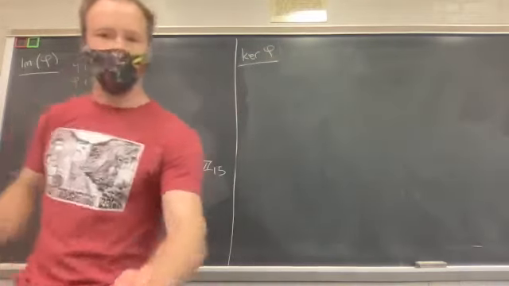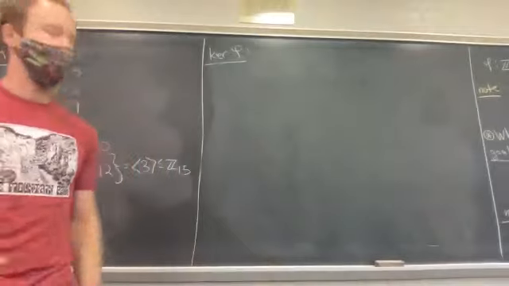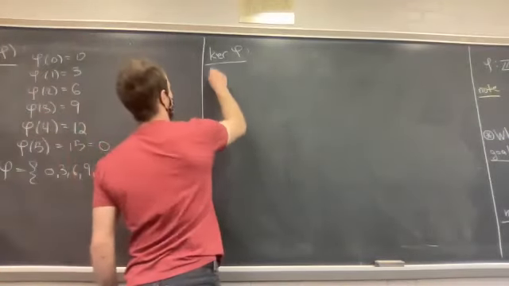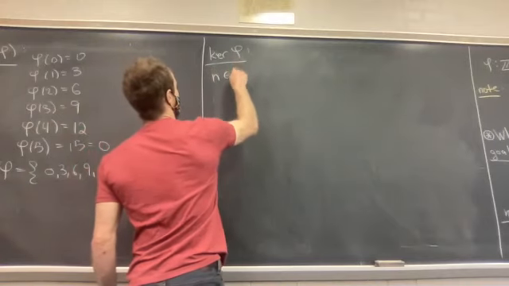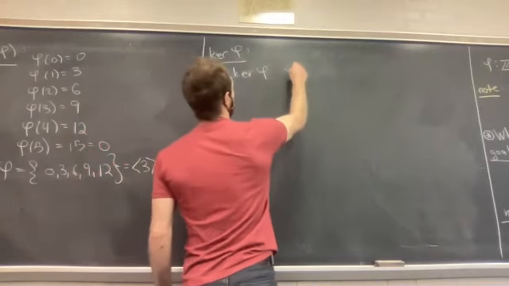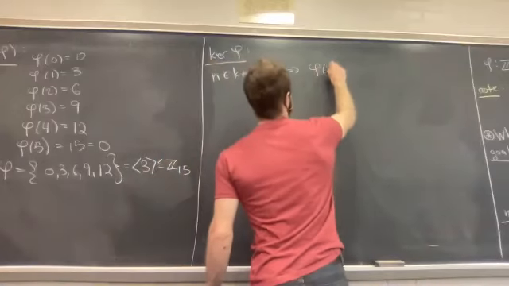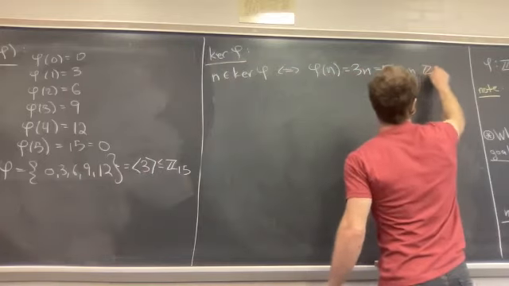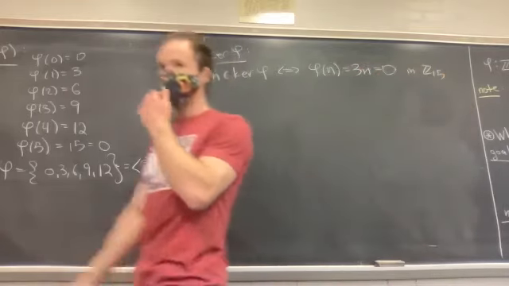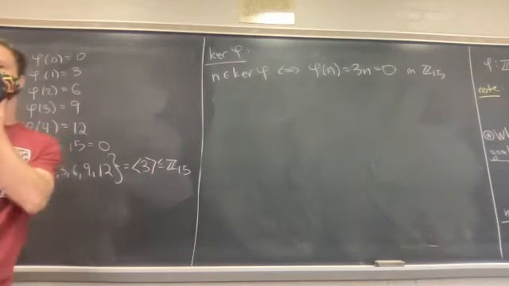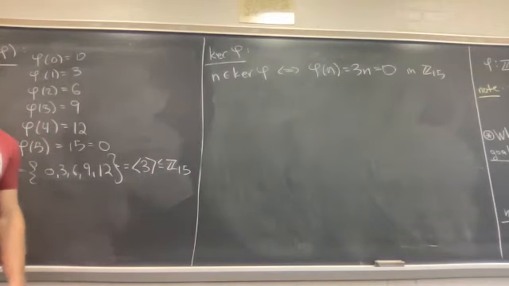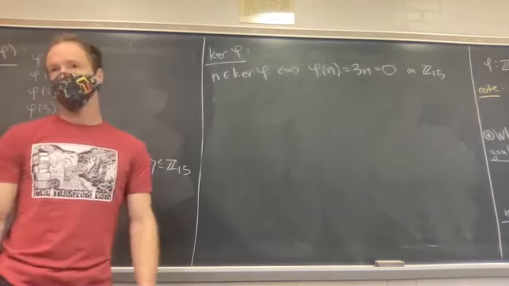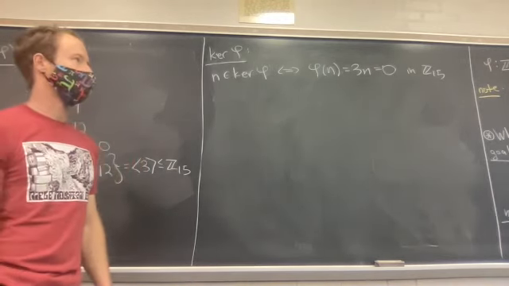Okay, so the kernel of phi is going to be everything that gets mapped to 0. Let's recall that n is in the kernel of phi if and only if phi of n, which is equal to 3n, equals 0 in Z15. So let's see how we can calculate that.